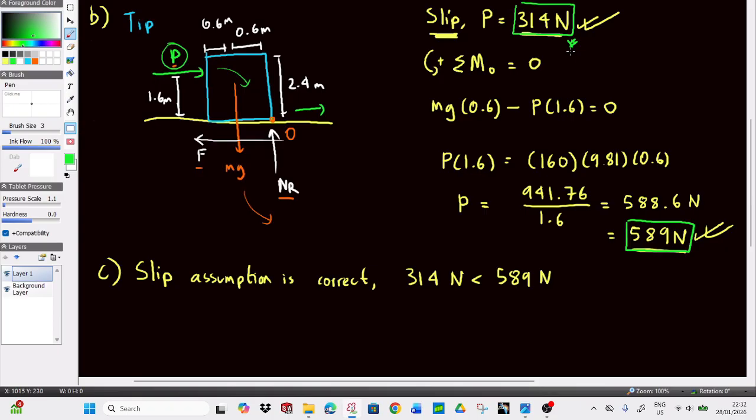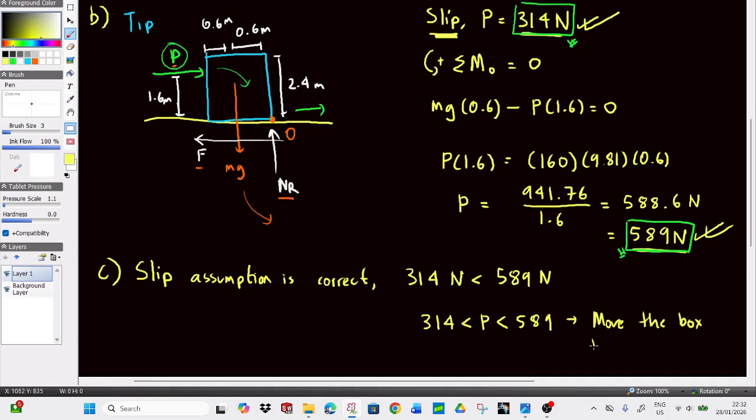And if he can keep it less than 589 newtons, which shouldn't be a problem, so if P is between 340 and 589, then he can move the crate.